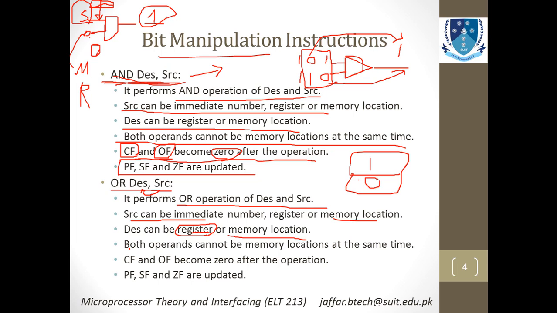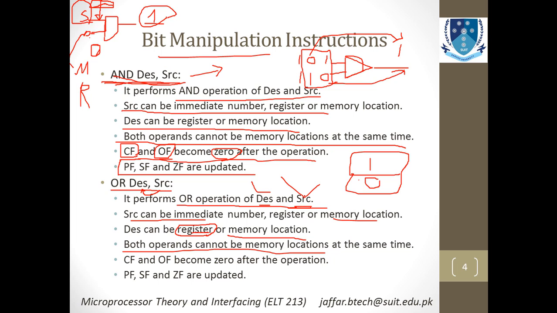There is another similar point: you cannot use memory locations at the same time for both the source and the destination. If you are using a memory location as the destination, you cannot use another memory location to take the values from and provide them to the source.